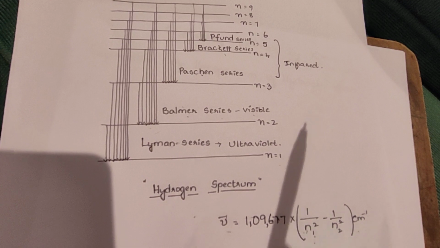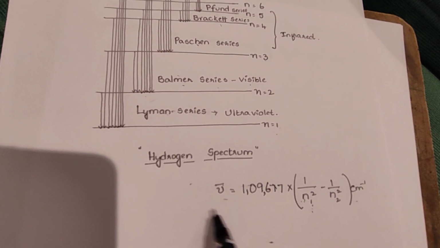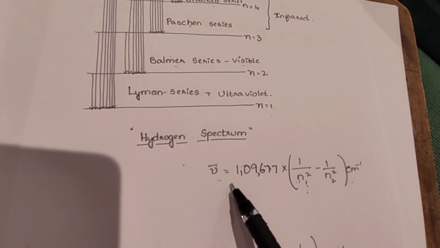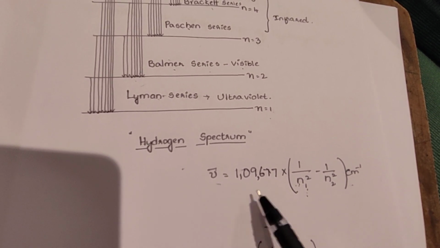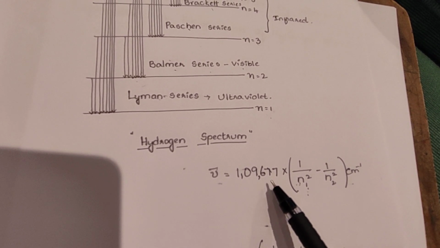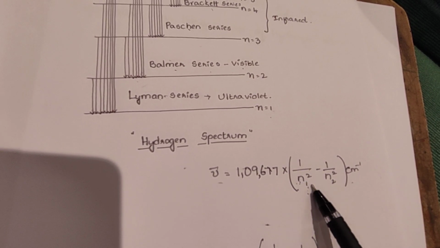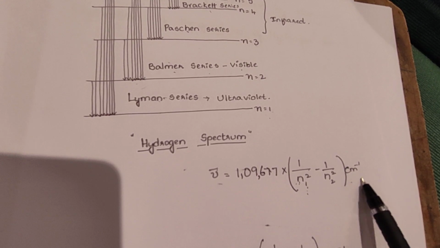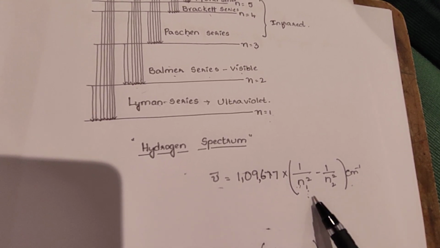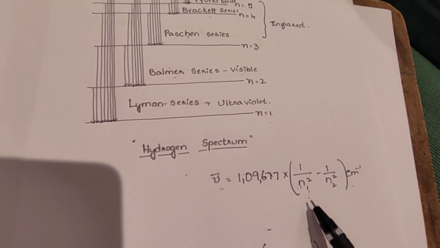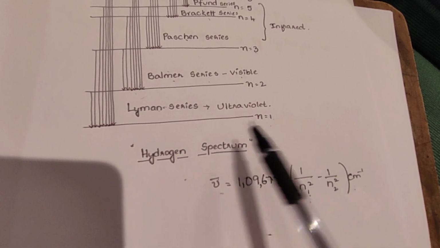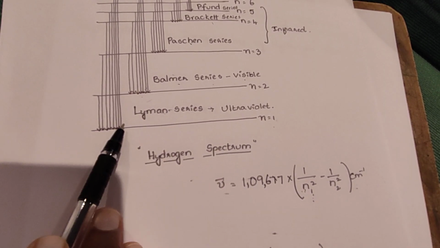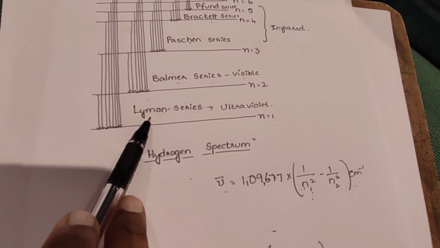The spectral lines obtained in ultraviolet and infrared regions also follow the expression given by Rydberg. Wave number is equal to 1,09,677 into 1 by n1 square minus 1 by n2 square centimeter inverse. Here, if n1 has a value of 1, then it explains the spectral lines given by Lyman.